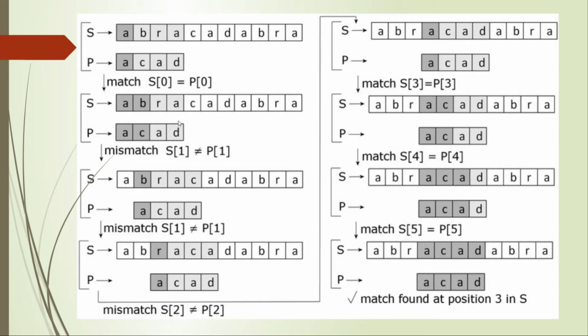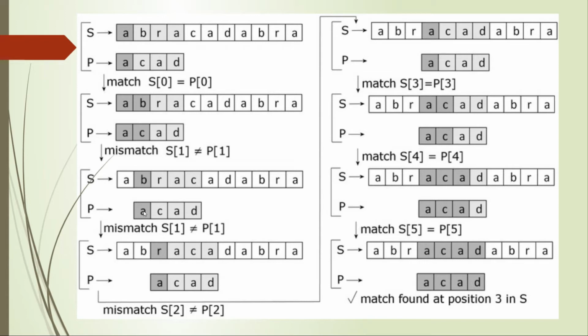When such a scenario is encountered, wherever there is a mismatch, this pattern, as you can see, is shifted to the right by one character. Then again it will check S of 1 with P of 0. There is a mismatch, or it actually has to be P of 0.